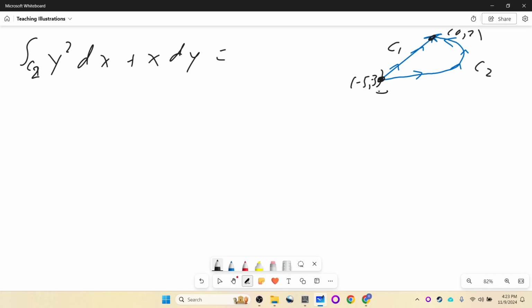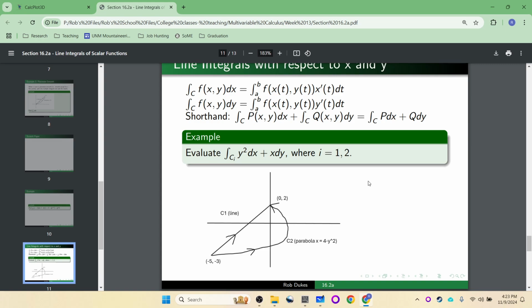This is a parabola. Let's look at how it was defined, see if they gave us an equation. They did: x equals 4 minus y squared. There's probably more than one parabola that goes through those 2 points, pretty sure there is. So x equals 4 minus y squared.